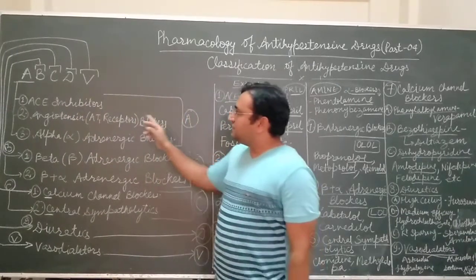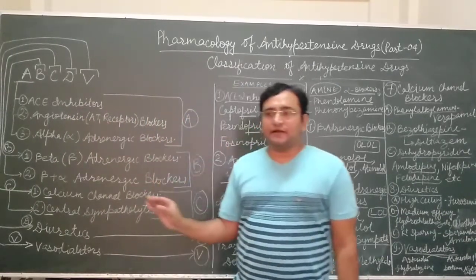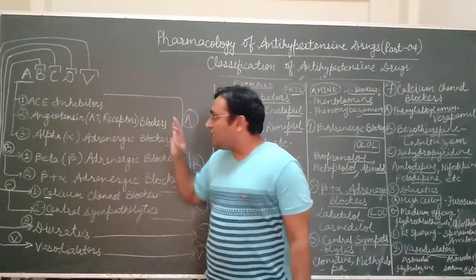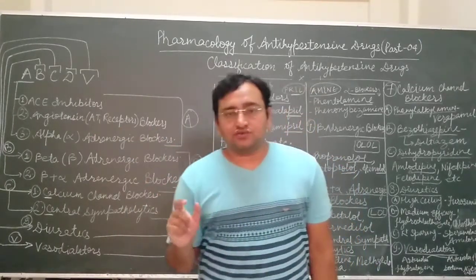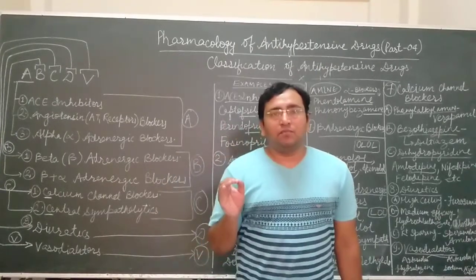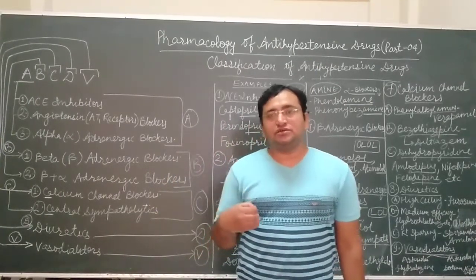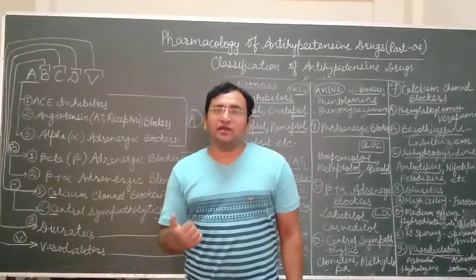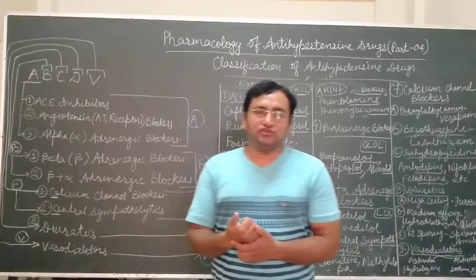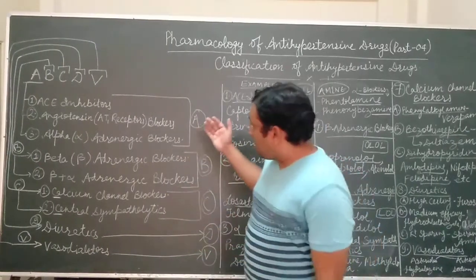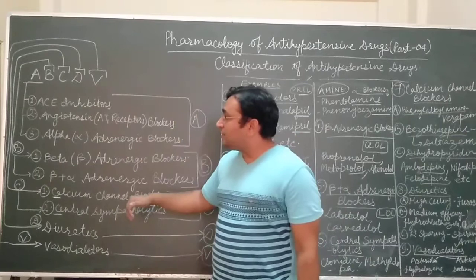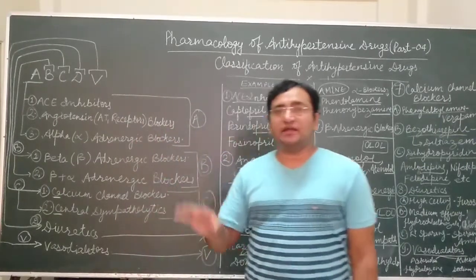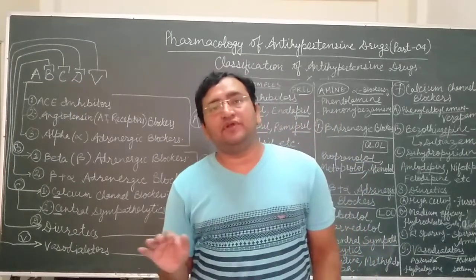In the second strategy, we discussed that angiotensin AT1 receptors are present on the vasculature or blood vessels, through which aldosterone secretion will rise and increase hypertension. So to reduce hypertension, we have to block the AT1 receptors so that aldosterone activity will be reduced.